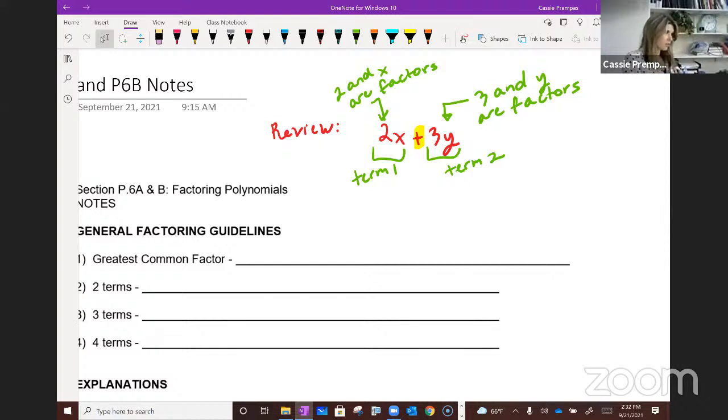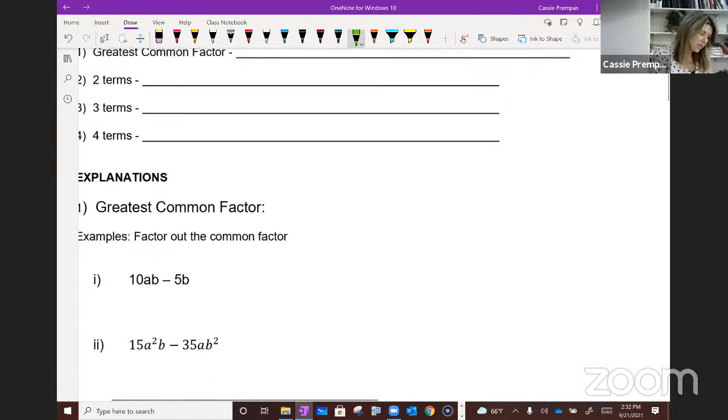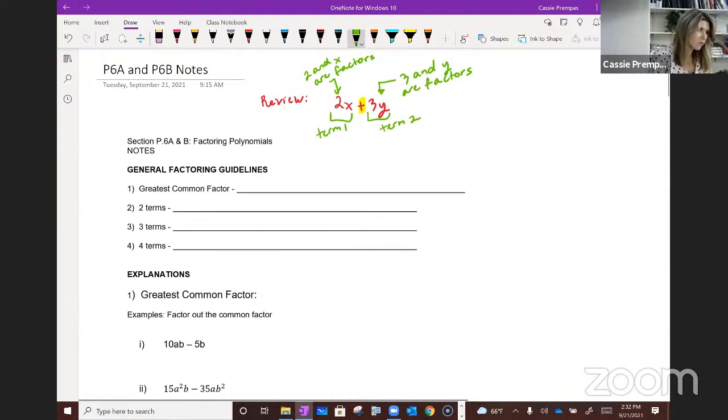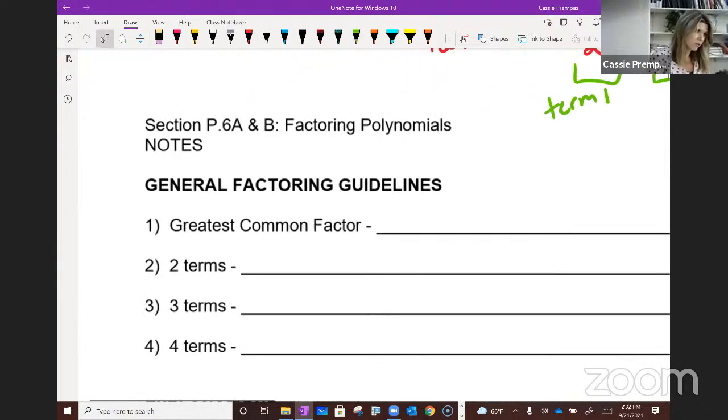Okay, in factoring, no matter how many terms you have, notice here I gave you 2 terms, but you'll see in example 3, there are 3 terms. No matter how many terms you have, you always look for a greatest common factor first. And this is often abbreviated as the GCF. These are factoring guidelines.